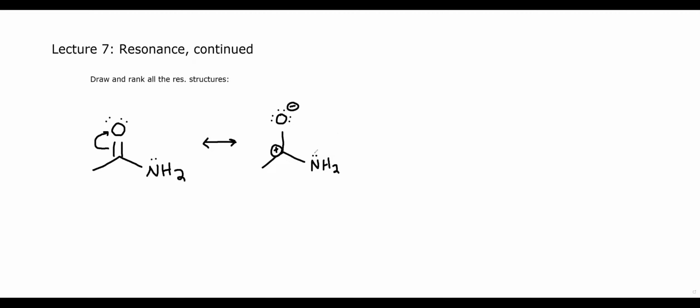Now we have lone pairs on either side of this carbocation, so we could bring a lone pair down from oxygen like this, but that would just bring us back to our initial structure. So let's bring the lone pair from nitrogen down. That is going to give us a new structure where we have NH2 with a double bond, and then that single bond up to oxygen.